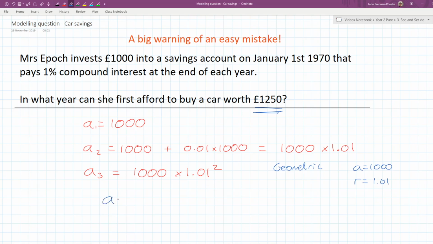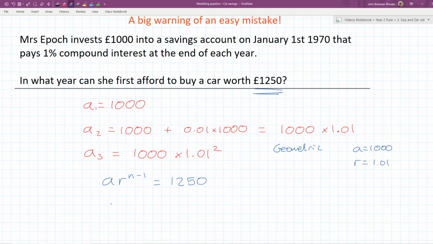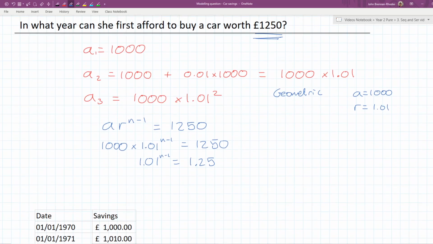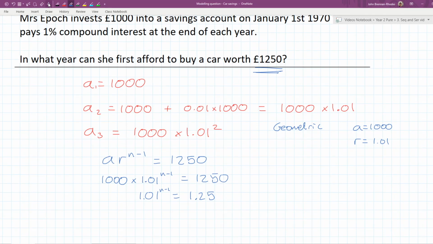So we want the nth term of this sequence to be equal to 1250, and to find out what the n value is. So we have 1000 times 1.01 to the power of n minus 1 is equal to 1250. Dividing both sides by 1000 gives me 1.25.